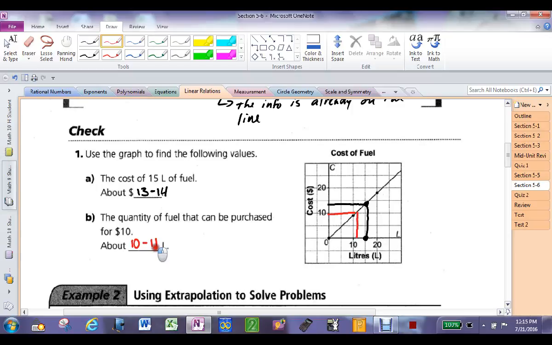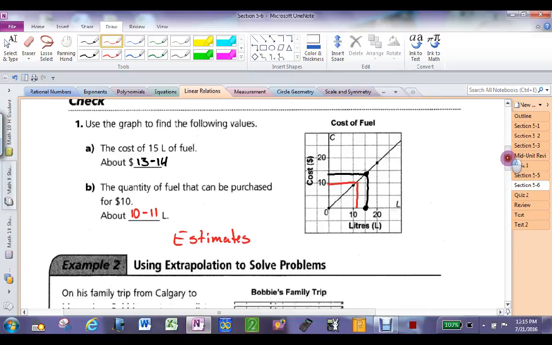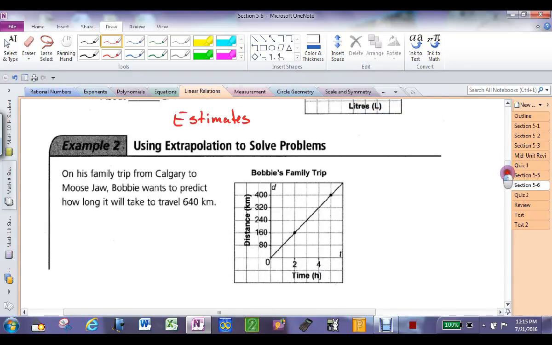Please notice that these are estimates, because this graph is not very exact, is it? It goes up by 5s. Cool? Okay. Now you guys are smart kids.